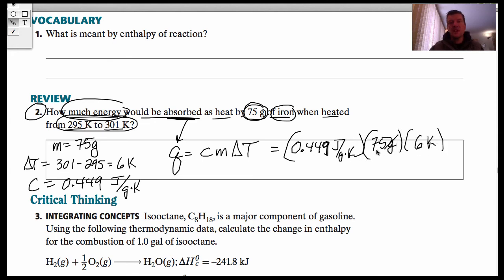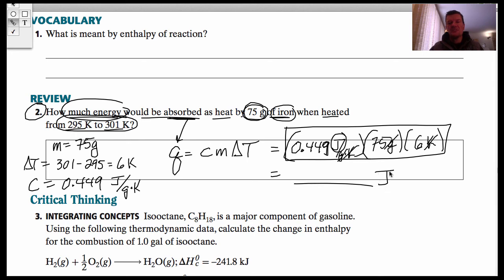Do you see that the grams cancel? Kelvin cancels, and we're going to have our answer in joules. So on your calculator, you just take 0.449 times 75 times 6, and you would have your answer in joules. That's how much heat is absorbed to take 75 grams of iron and raise the temperature from 295 Kelvin to 301 Kelvin. Okay? All right.